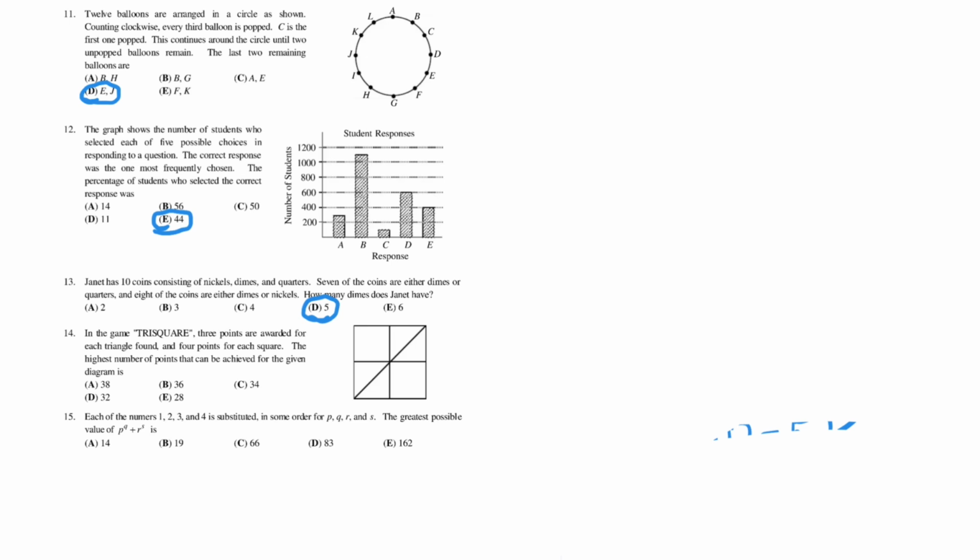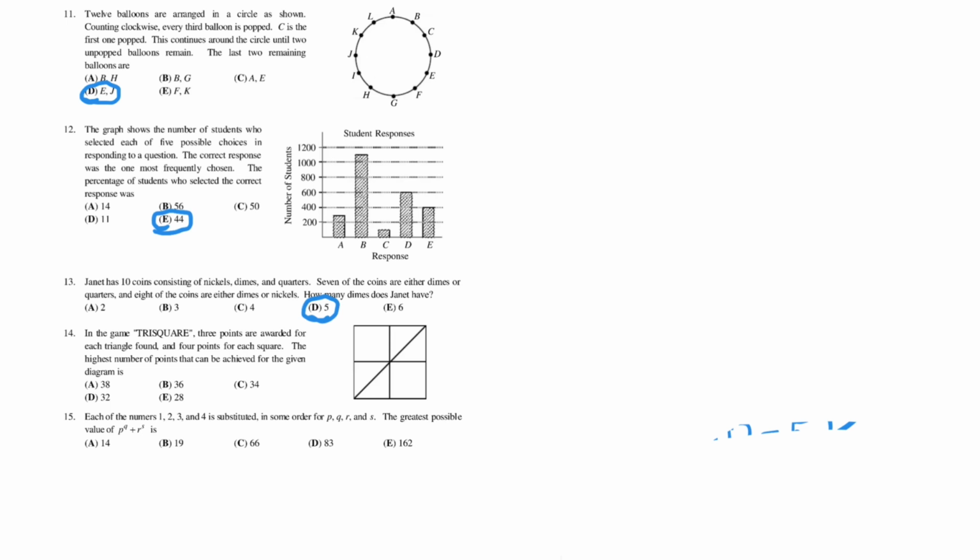Number 14. In the game Try Square, 3 points are awarded for each triangle found, and 4 points for each square. The highest number of points that can be achieved for the given diagram is.